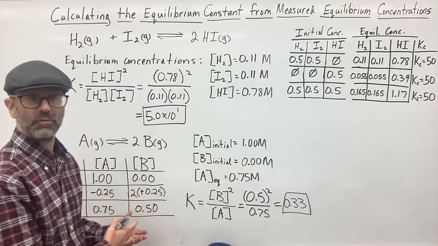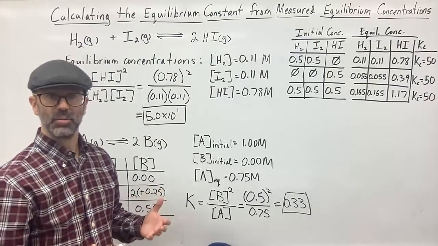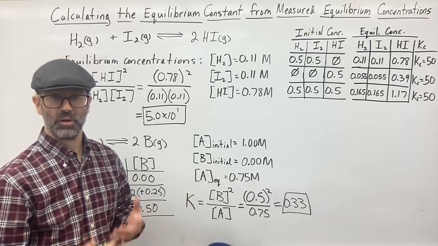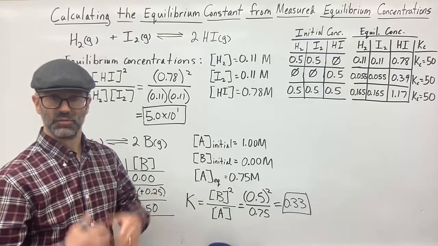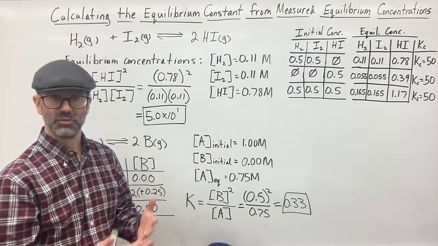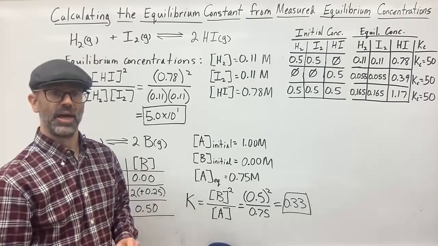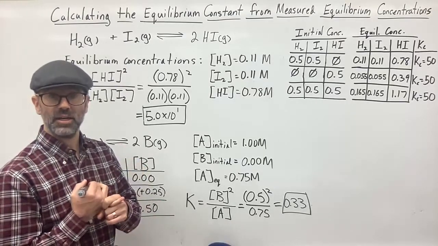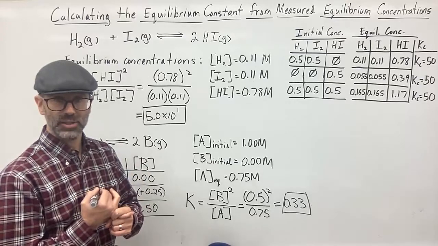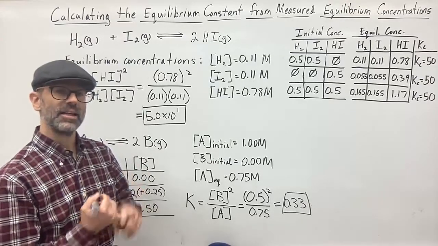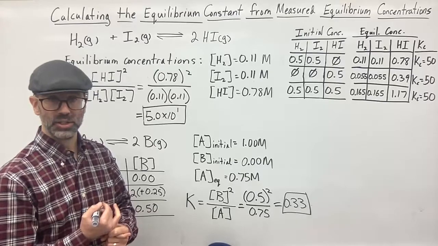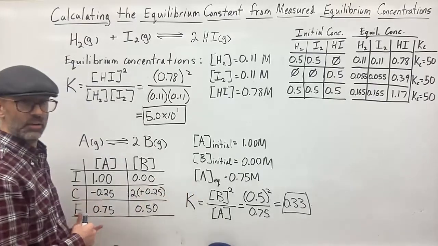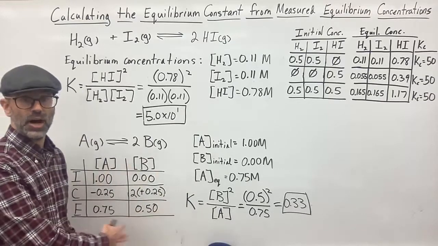So that's how you can figure out the equilibrium constant if you're not given all of the information for the equilibrium concentrations. If you're not given the equilibrium concentrations for everything straight off the bat, then if you are given at least the concentrations of the reactants, and at least one equilibrium concentration for either the reactant or product, you can use your ICE table to figure out the rest.